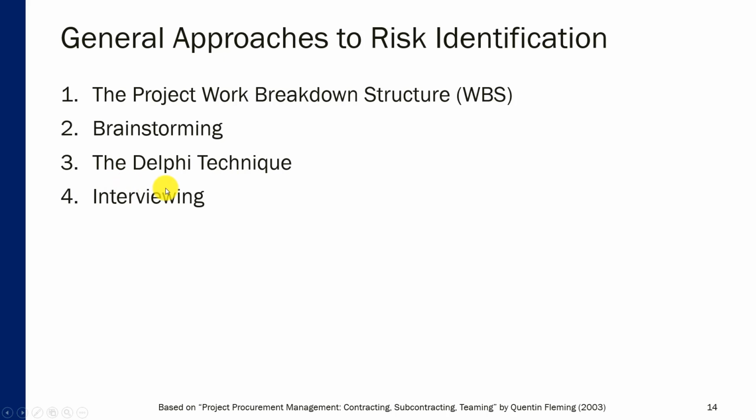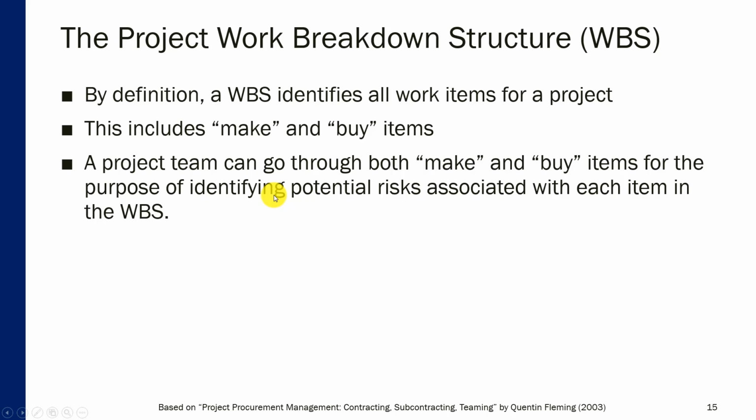And then interviewing, a simple approach that can be used either as a research method on its own for identifying risk or in conjunction with any of the first 3 methodologies for identifying risk listed here. So we'll talk about each of those approaches or methodologies for risk identification in more detail.